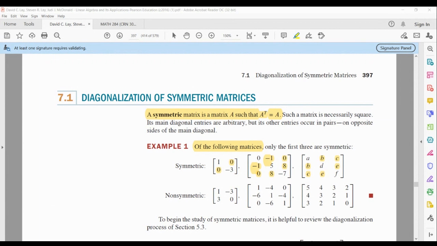Below the symmetric matrices in example one, they have non-symmetric matrices. So based on that example, do you see the difference between symmetric and non-symmetric matrices?